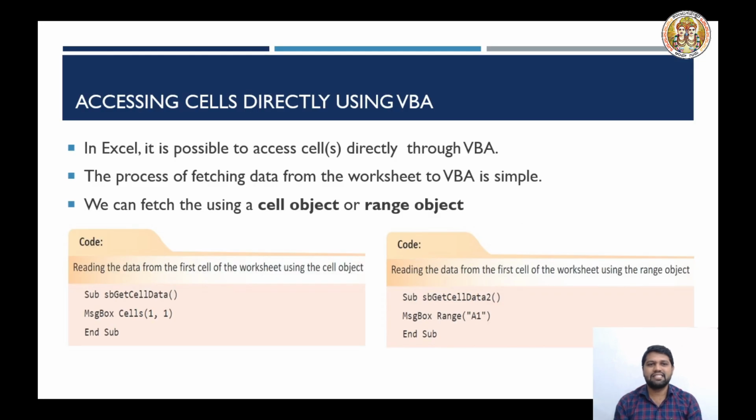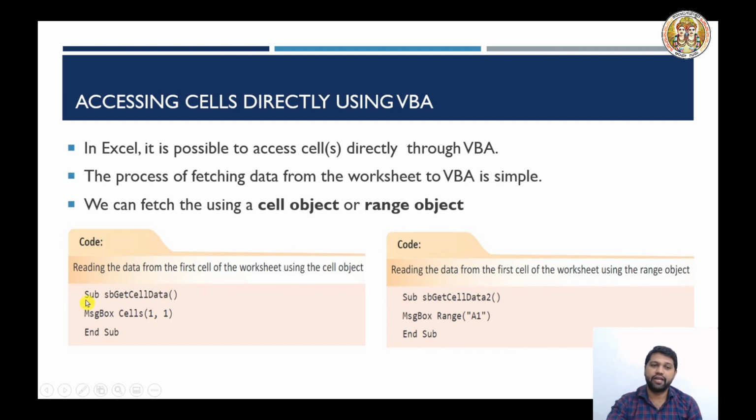The next is accessing cells directly using VBA. That means directly we can access the cells by defining the cell addresses. Here we are defining the first number for the column and the second number for the row, right? In the first column and the first row, whatever value is there will be displayed as the message box, right?